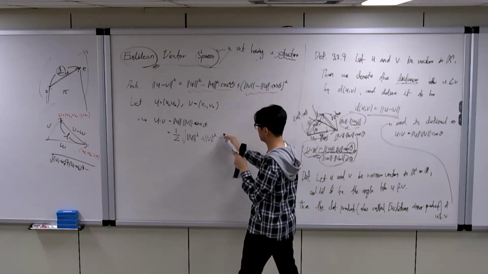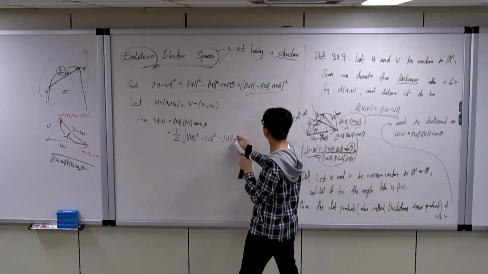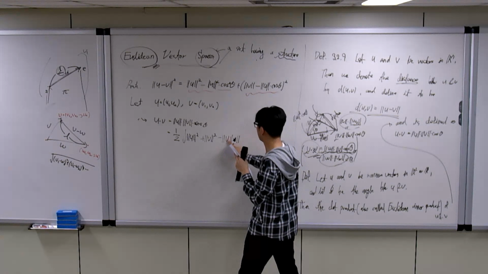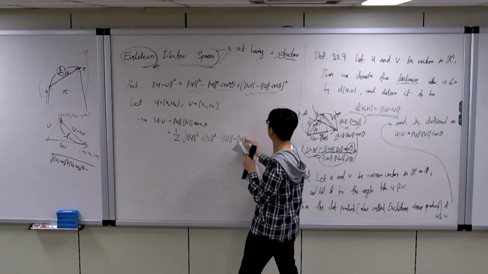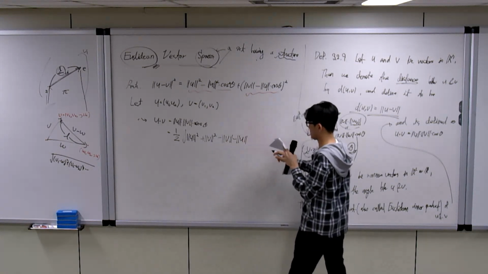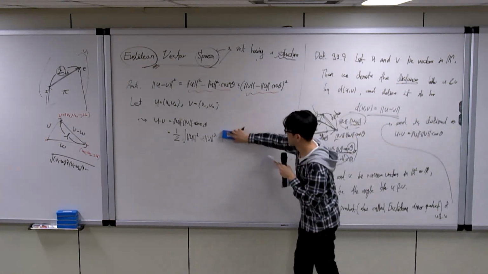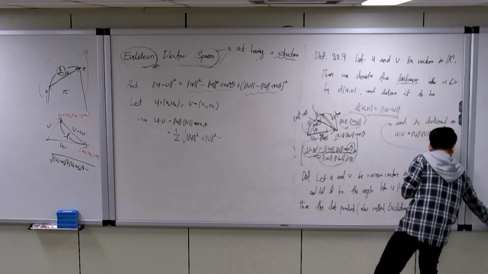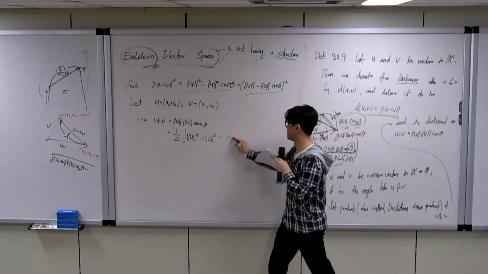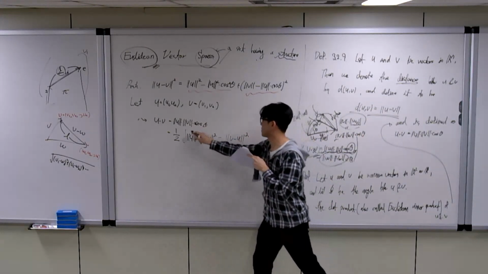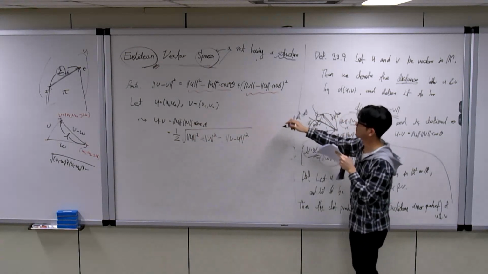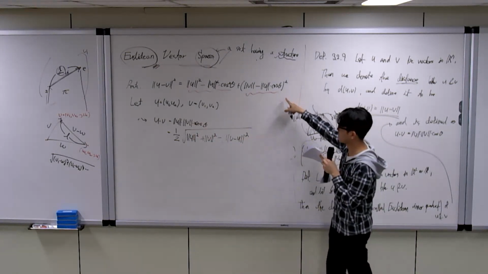Minus, V minus U. Oh, wait. No. Norm of V minus U square. And it is given from this equation.